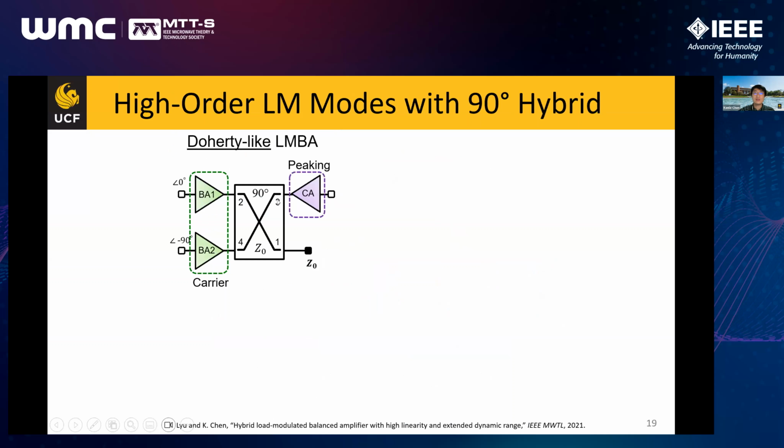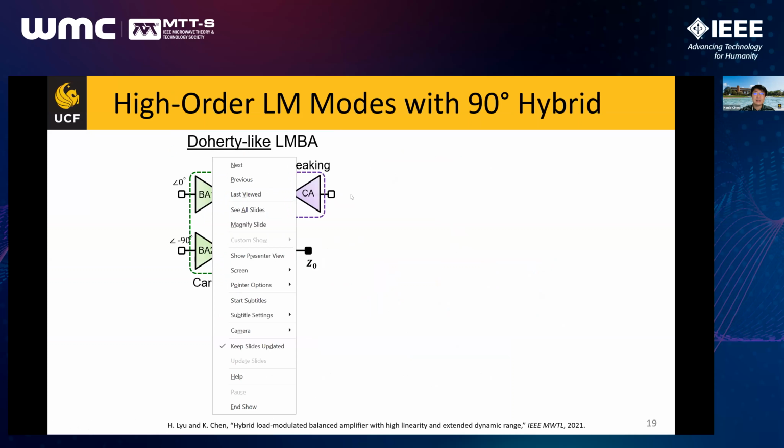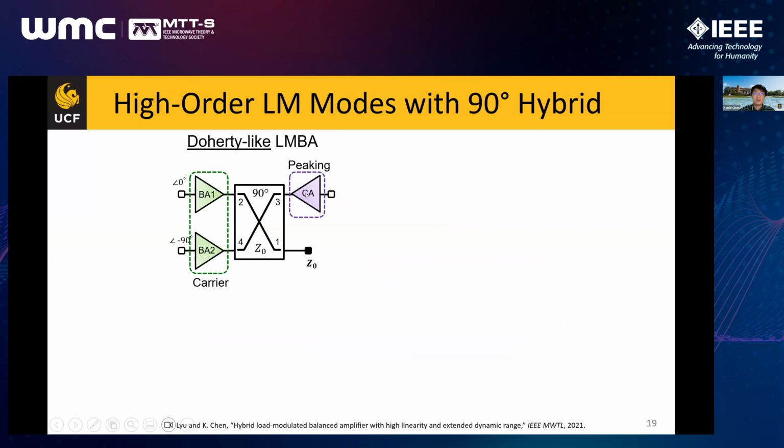First, the high-order load modulation mode is derived from this Doherty-like LMBA, where the balanced amplifier is set as the carrier and the control amplifier is the peaking. So here, the balanced amplifier can be set with one as the carrier and another one as the peaking.